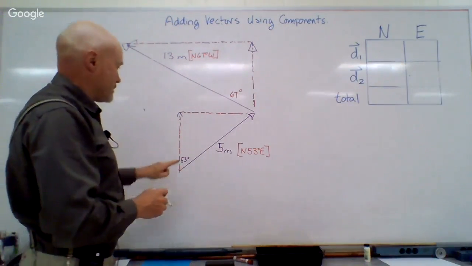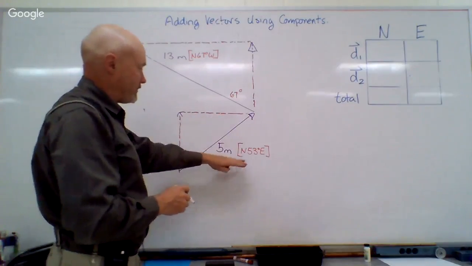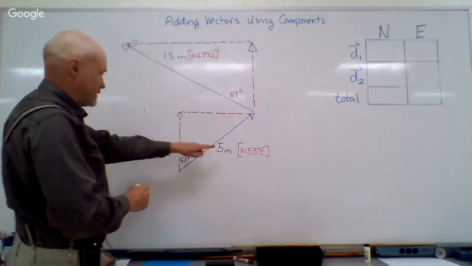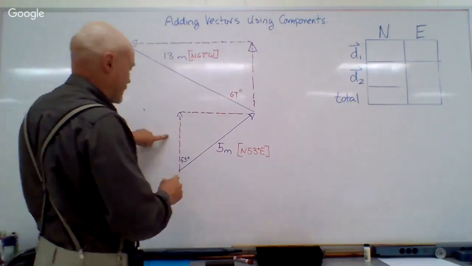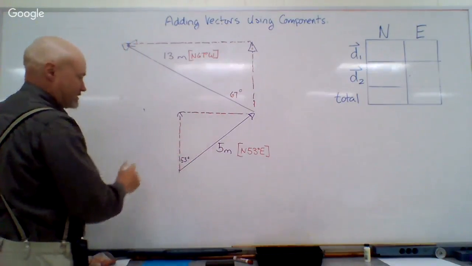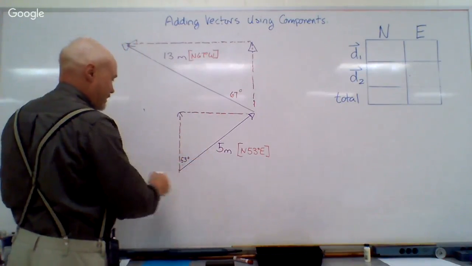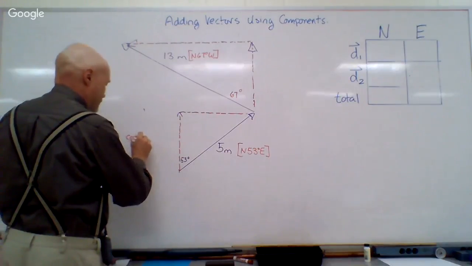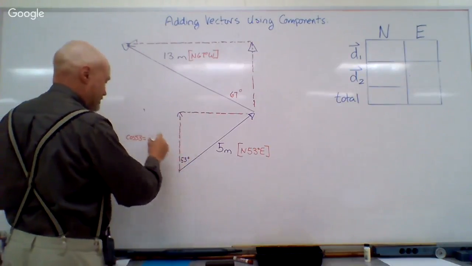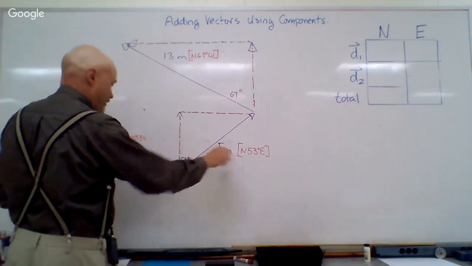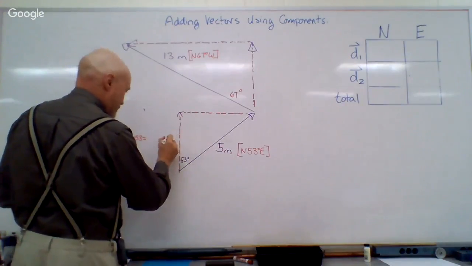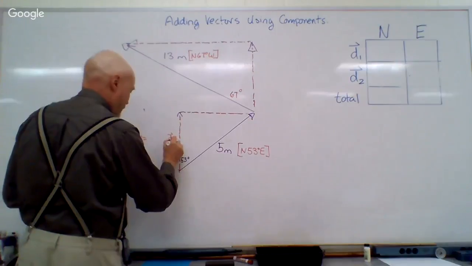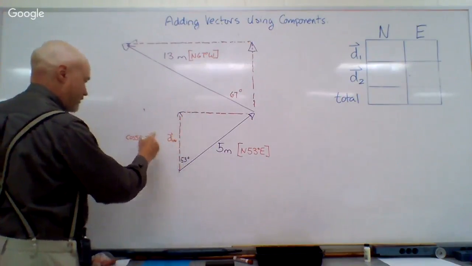Okay, so here's my triangle, 5 meters north, 53 degrees east. What I need to do is find the length of this adjacent side. And of course, that means I'm going to be using the cosine. So the cosine of 53 is going to be equal to the adjacent side over the hypotenuse. Now I'm going to just say this is D1n for D1 north.